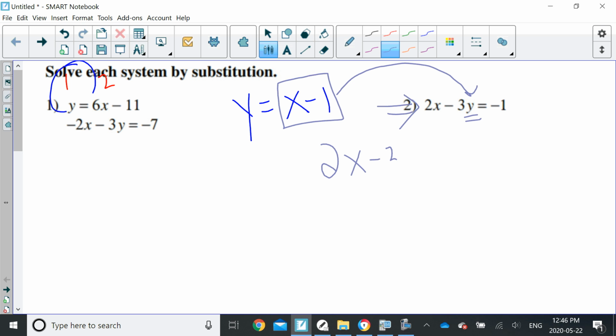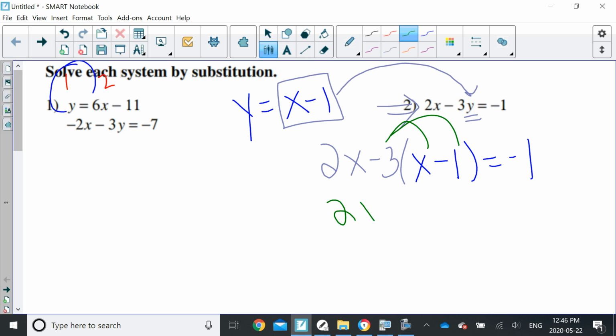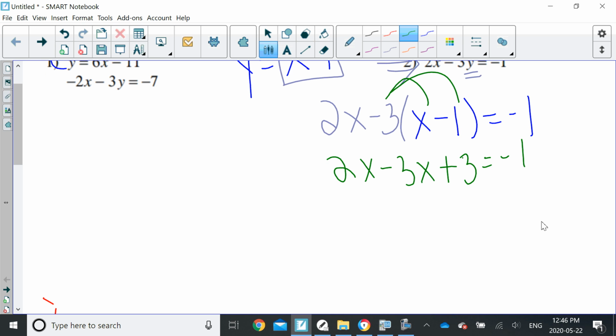2x minus 3, y is x minus 1, is equal to negative 1. Distribute, get rid of your bracket. 2x minus 3x plus 3 is equal to negative 1. Like terms, 2x minus 3x is minus 1x, plus 3 is equal to negative 1.